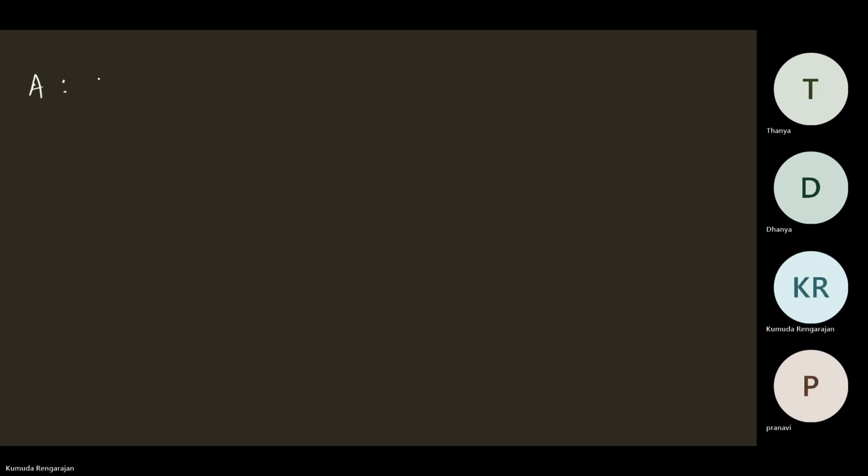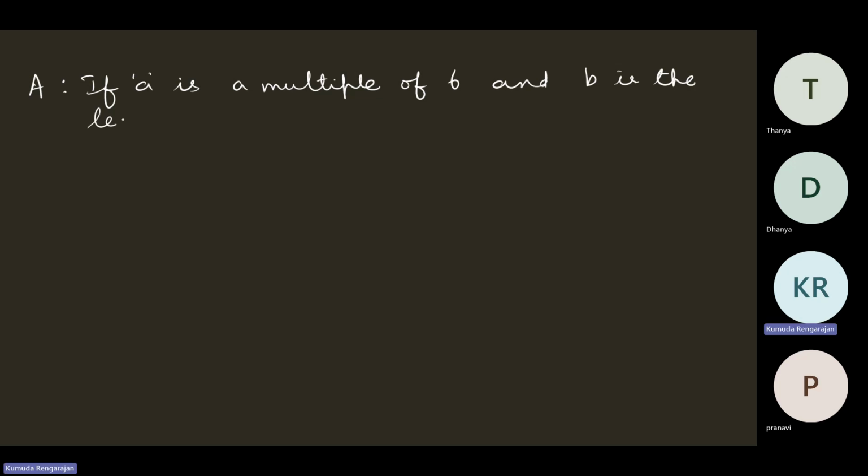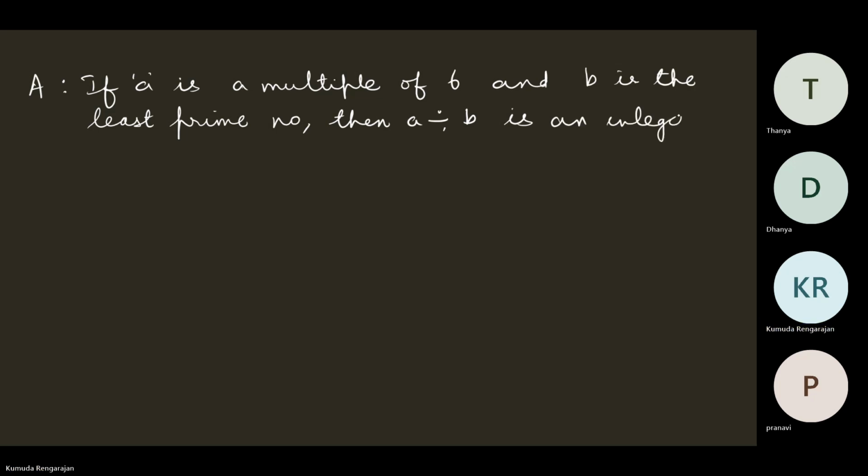Assertion: if A is a multiple of 6 and B is the least prime number, then A divided by B is an integer.